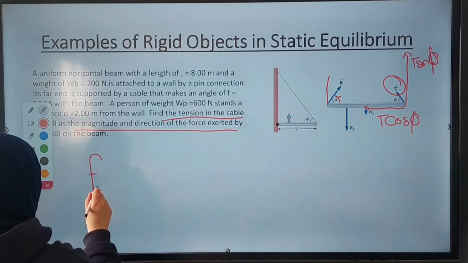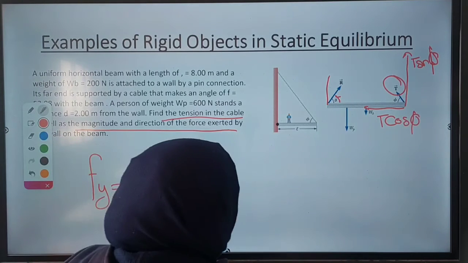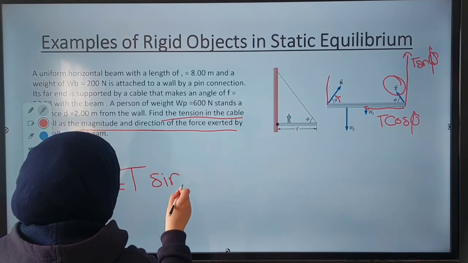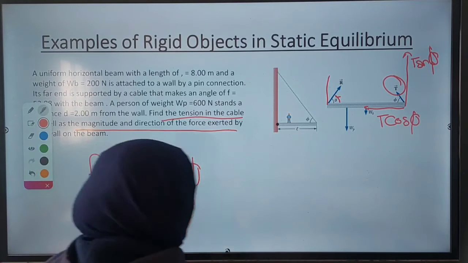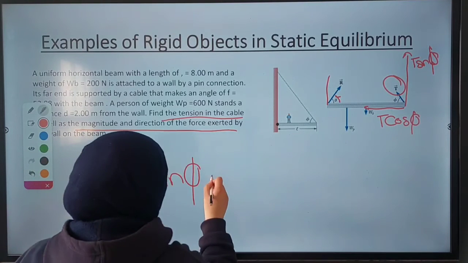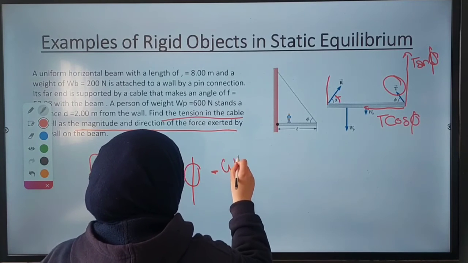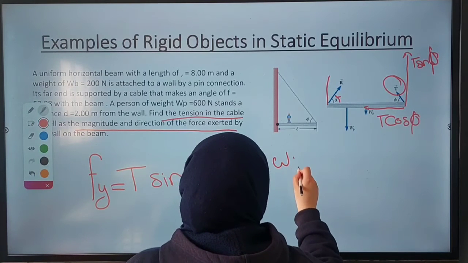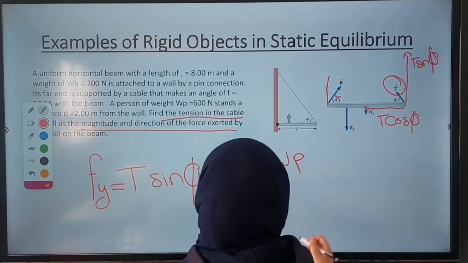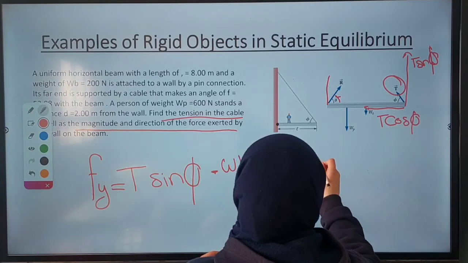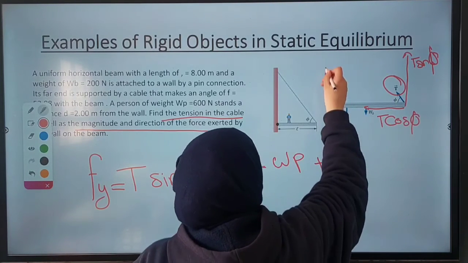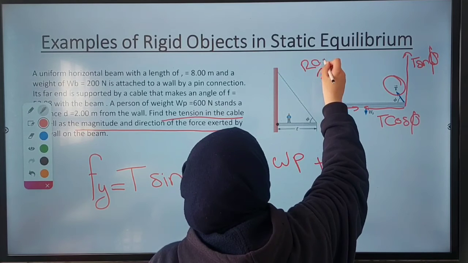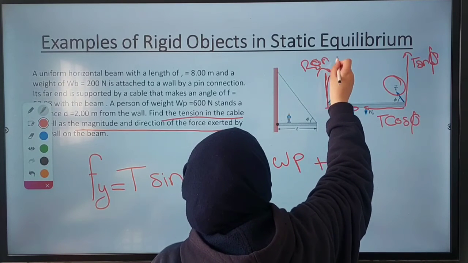The force in the y-axis equals the T, the tension, sine alpha, minus W, or the weight B, minus the second weight P. Okay, plus here I have a second force R. So here is R sine theta.